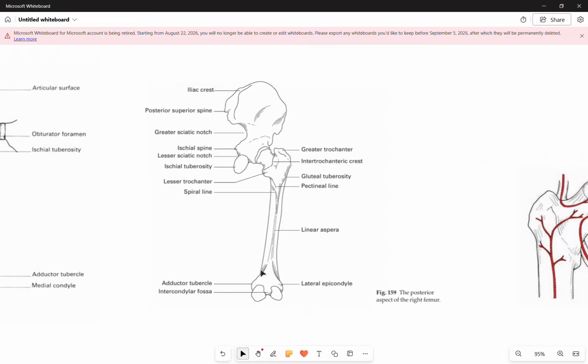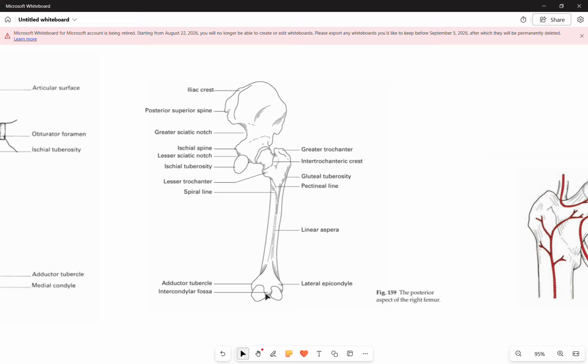The medial lower down has got an adductor tubercle, and that is the lateral line going to the lateral and medial condyle.